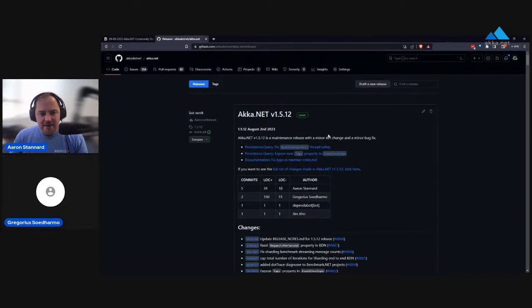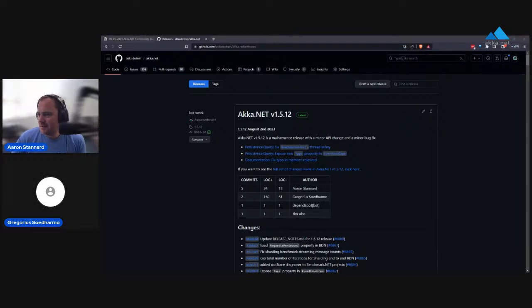And then just last week we did Akka.NET 1.5.12, which fixed apparently a pretty long-standing bug that had gone unnoticed with Akka.Persistence.Query because it didn't really have any negative side effects. Do you want to talk about these 2 Akka.Persistence.Query changes that we made in 1.5.12, Gregorius? Yeah. The first one had to do with how the concurrent dictionary was working.